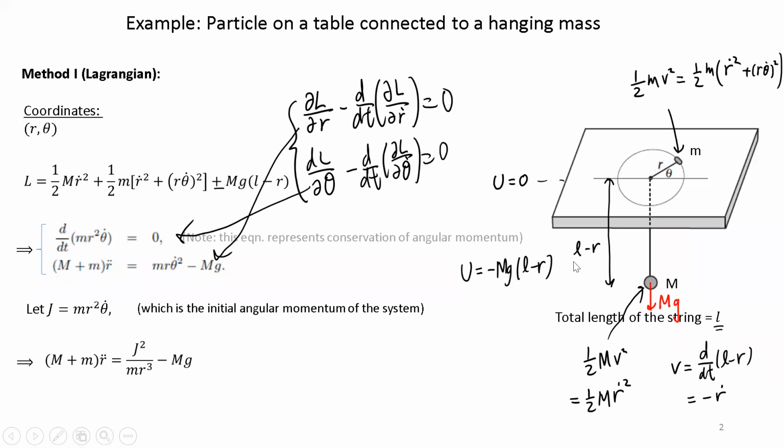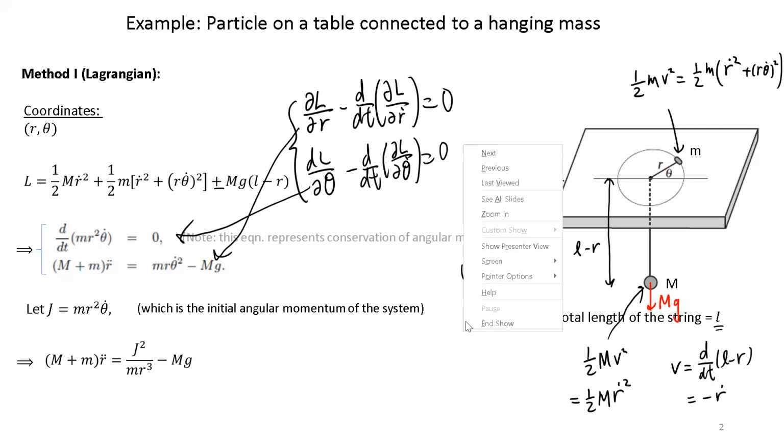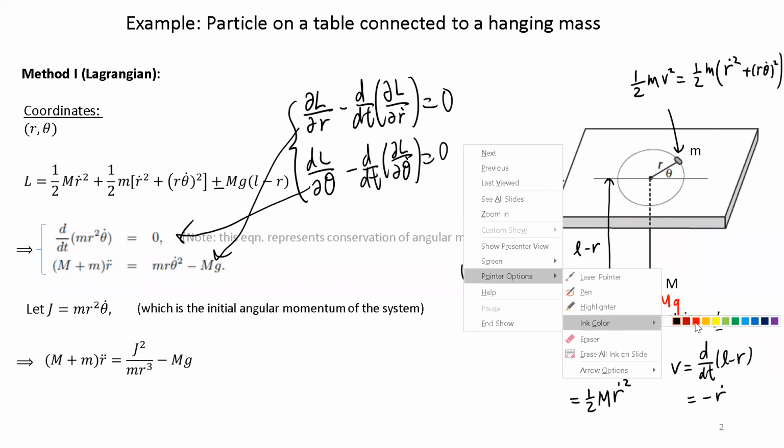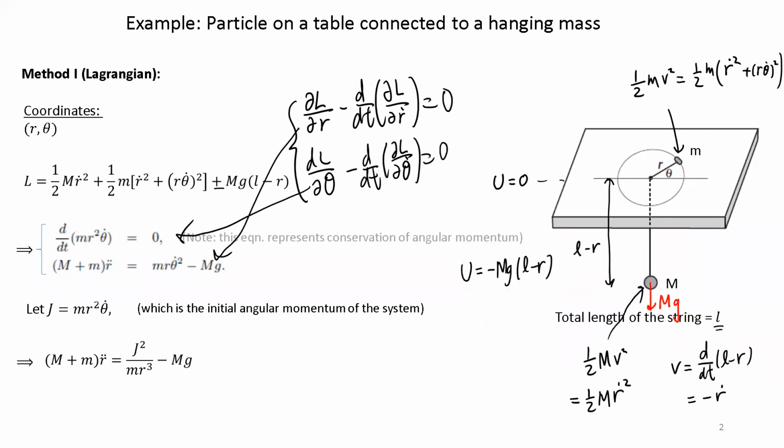So if it is staying on a circle, doing a pure circular motion, you may have learned that the centripetal force is m r theta dot squared. And if it is exactly balancing the weight of this, then you have this.